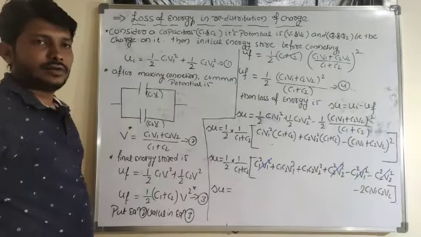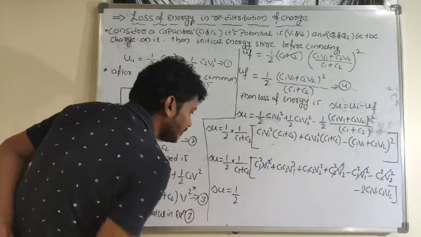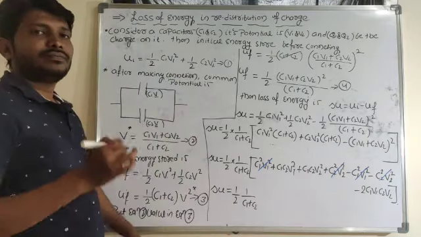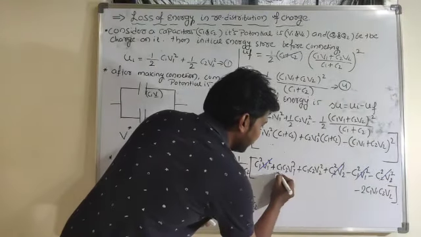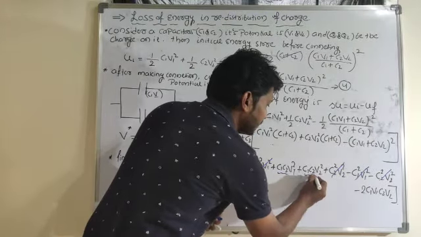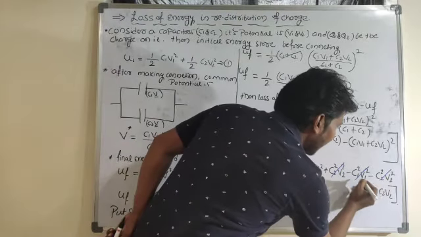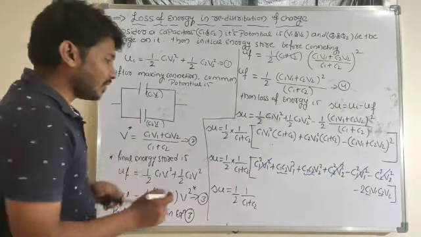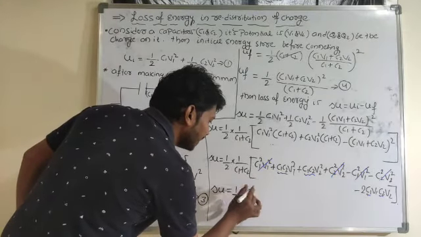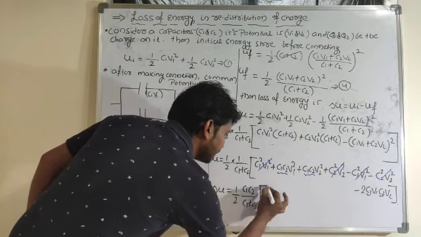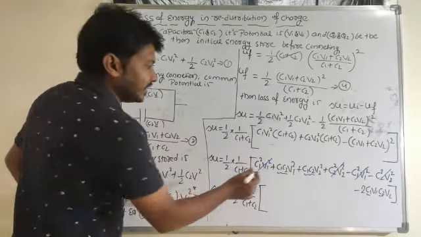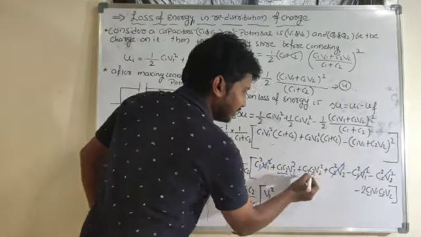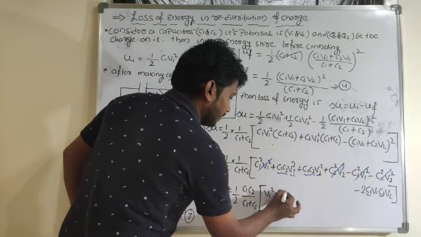Delta of U is equal to half of 1 divided by C1 plus C2. In the remaining equation, here C1 into C2, here C1 into C2, and here C1 into C2 term is there. Shall I take that C1 into C2 term as a common here? So if I take C1 into C2 common, which terms remain? V1 square in this equation plus V2 square.